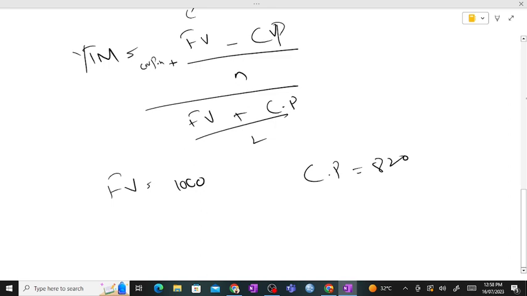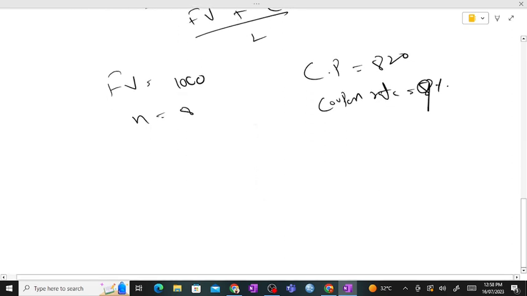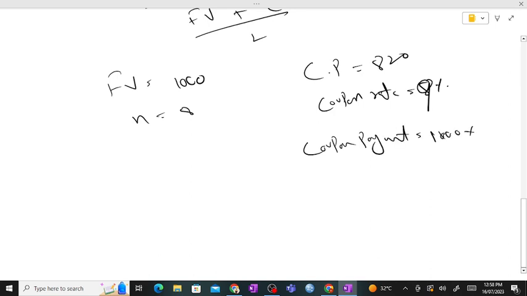It's selling at a discount, for 8 years, with a coupon rate of, let's say, 9%. We just have to calculate. To calculate the coupon payment, 1,000 multiplied by 9% gives us 90.